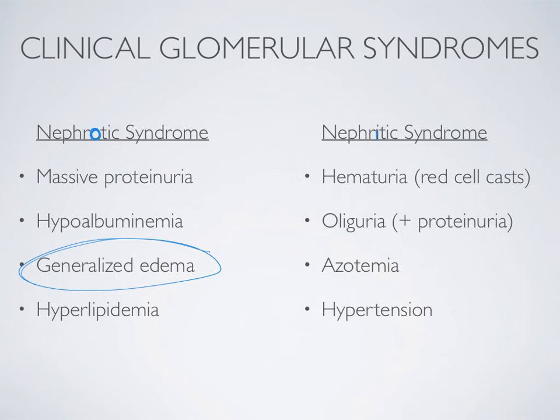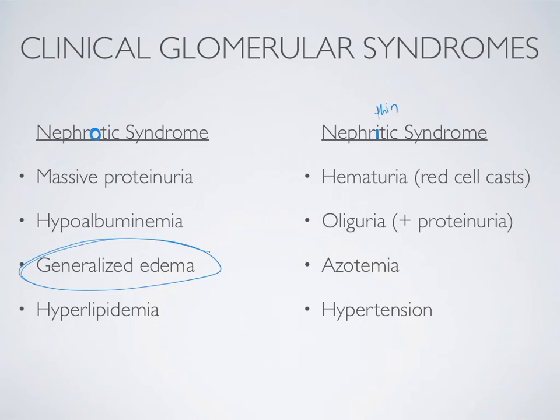With nephritic, it's thin. So they actually don't get a lot of edema. They get a little bit of edema with nephritic syndrome, but if you see somebody with nephrotic syndrome, that pretibial edema you saw with right heart failure, you'll see that same thing. So generalized edema. These people can gain 30 pounds of water just because of this glomerular damage.